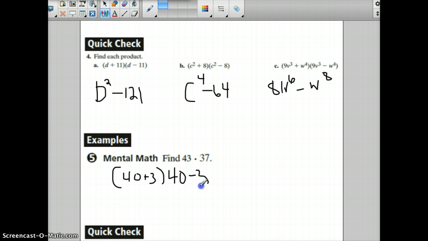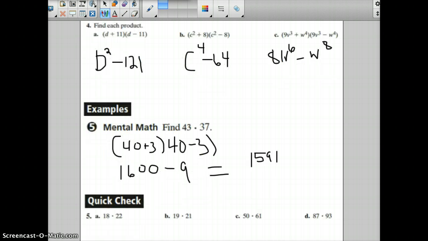Do you see a pattern? Remember, because we have the same binomials, just with a different sign separating our terms, we can square the first one, and we get 1,600. Our outers and inners are going to cancel out, and then we can subtract 3 squared, which is 9. So 43 times 37 is, without a calculator, 1,591. See how quick that was?